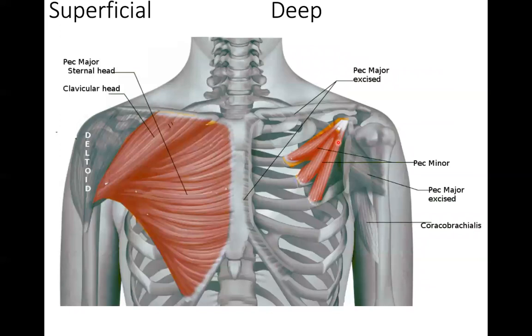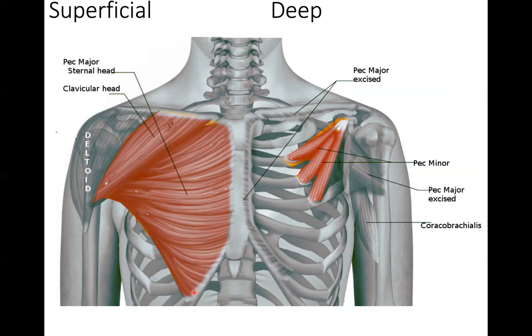So now we're looking at muscles of the anterior trunk, and on the patient's right is a superficial view, and on the patient's left is a deep view. So the superficial muscle of the pectoral region is pectoralis major. Pectoralis major has its origin along the sternum and the clavicle and ribs 2 through 6.